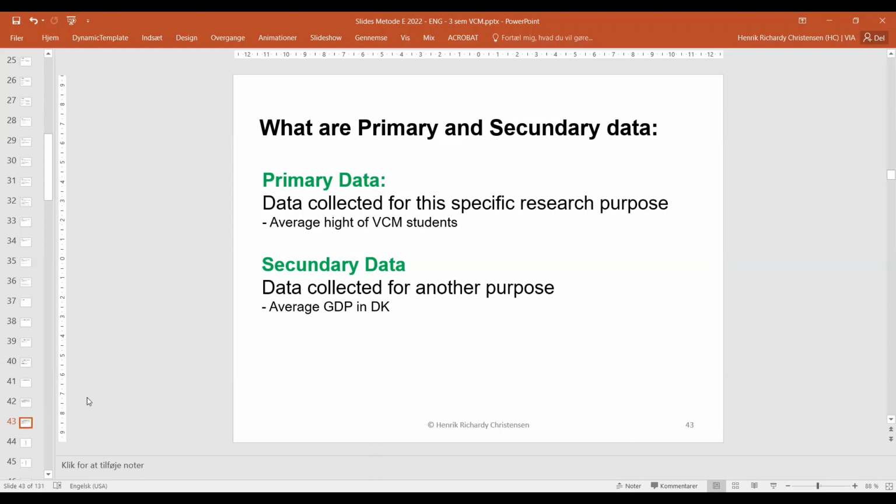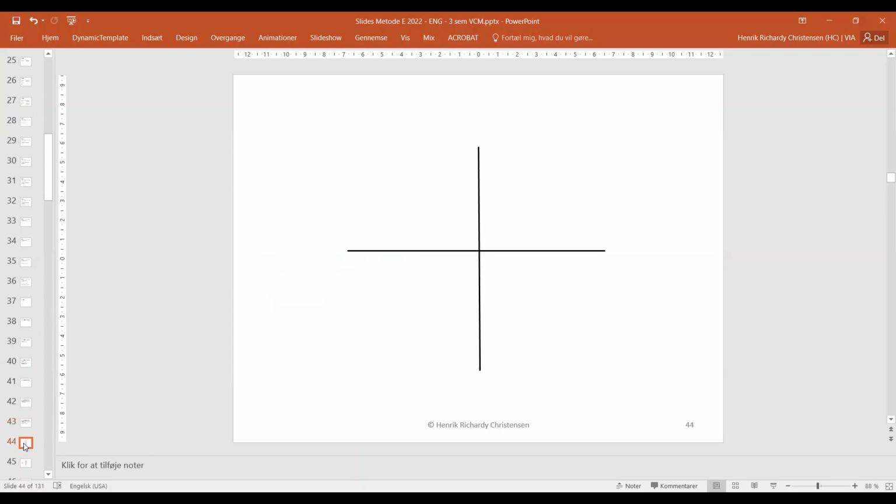So one example is average gross domestic product in DK, for example. Those data are automatically collected by the statistical bureaus. But these are the two ways of seeing data.